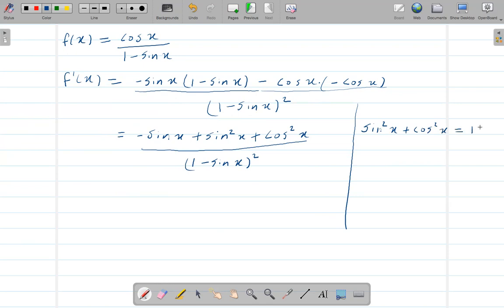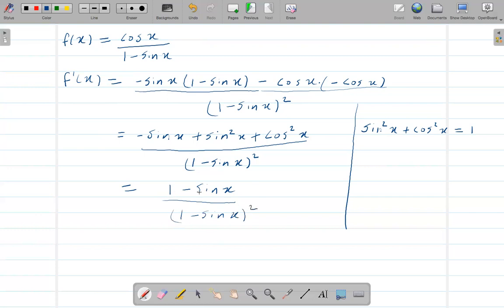That's a basic fact from trigonometry. So this will give just 1, and we have 1 minus sine x over 1 minus sine x squared.